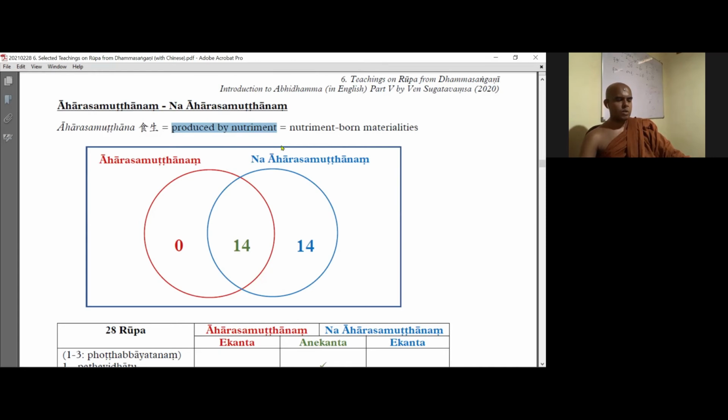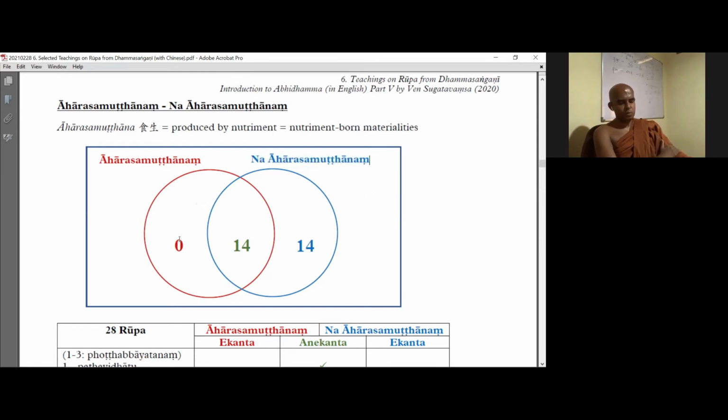Now, according to the drawing, the red color circle is called nutriment-born materiality, but the blue color circle is mentioned as not nutriment-born materiality. There is no rupa that is definitely only Ahara Samuttana.